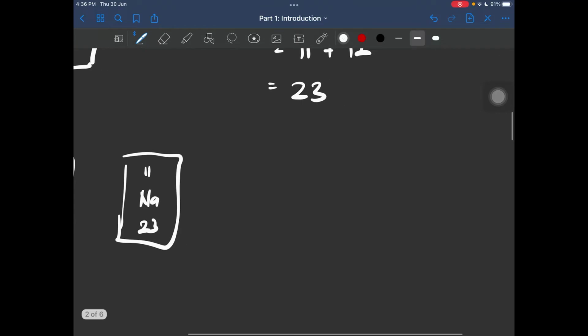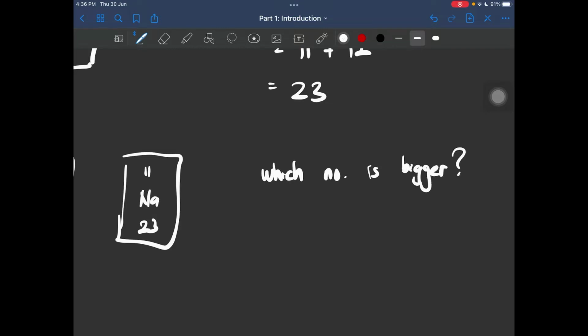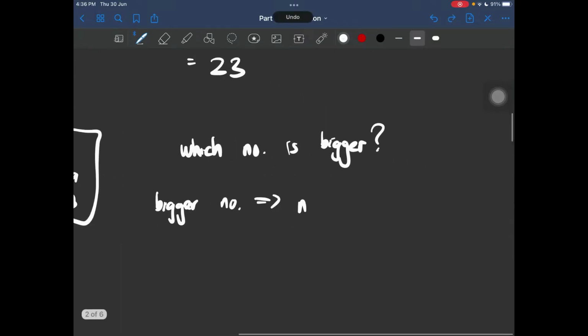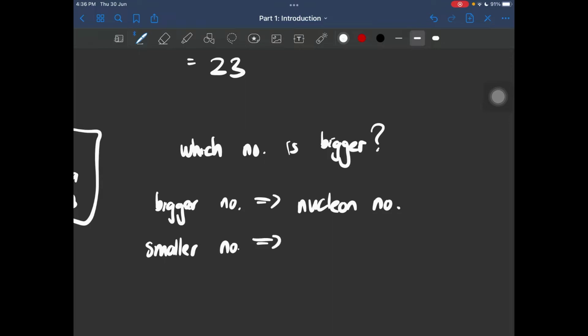Well, just figure out which number is bigger. The bigger number would be the nucleon number, and the smaller number would be the proton number or atomic number.